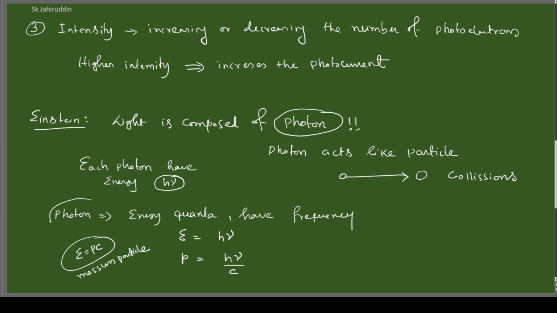So photon acts like a particle, zero mass, and follows this relation. If we have n photons, they have n h nu, but a single photon has h nu of energy.